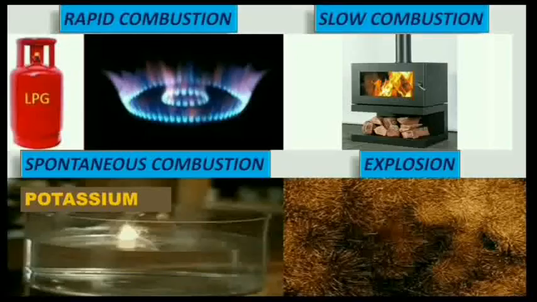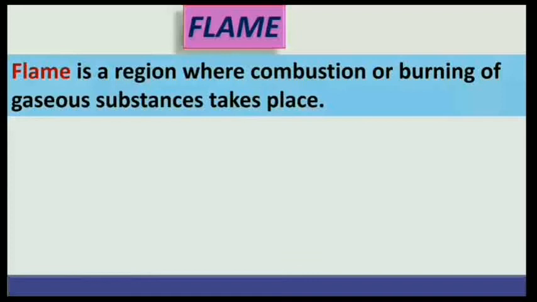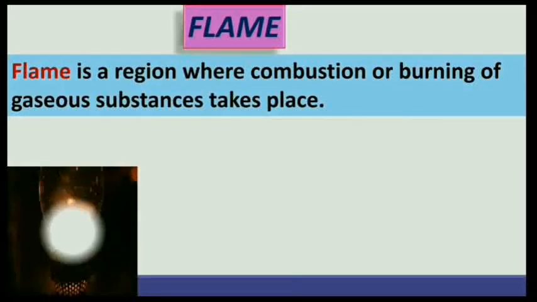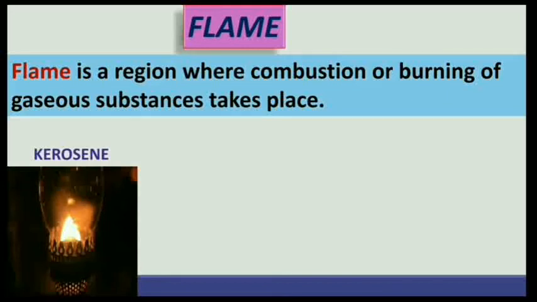Flame. A flame is a region where combustion or burning of gaseous substances takes place. All the gases which undergo combustion produce flame, or whatever combustible substances on burning produce vapor or gases, then they produce flame. Like kerosene. On burning of a kerosene lamp, flame is produced.